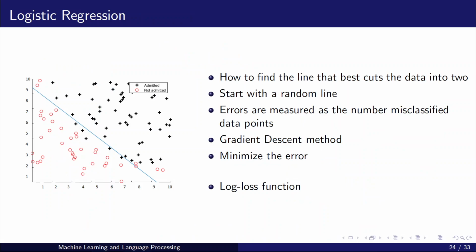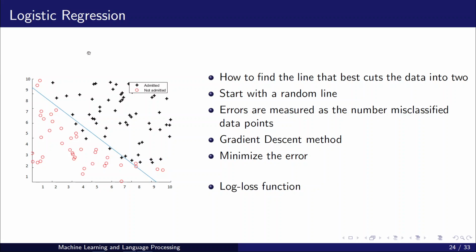So in order to find the best line that cuts data into two, we'll start with a random line. Then we'll try to find errors. Errors are measured as the number of misclassified data points instead of errors like in the case of linear regression.